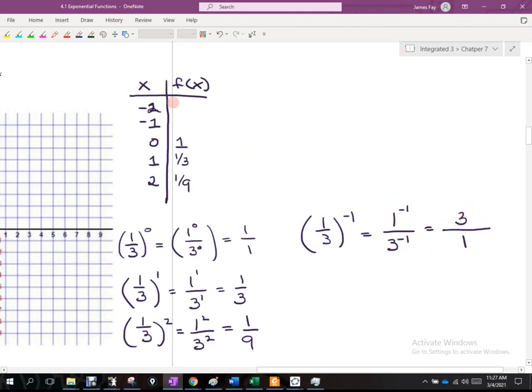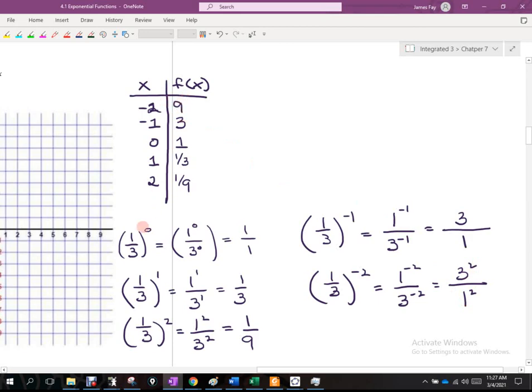What's 3 over 1 the same as? 3. Then we do the same thing with the negative 2. So 1/3 raised to the negative 2 gives 1 to the negative 2 over 3 to the negative 2. What happens to this 3 to the negative 2 in the denominator? It goes to the top, so it gives me 3. So what's 3 squared over 1 squared?